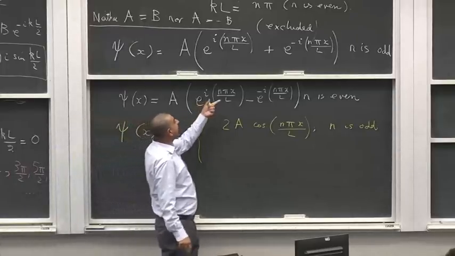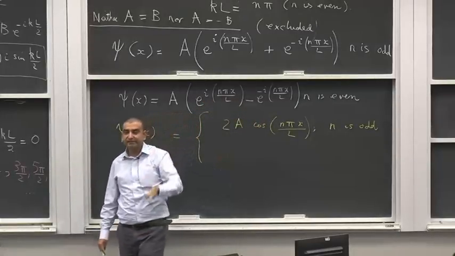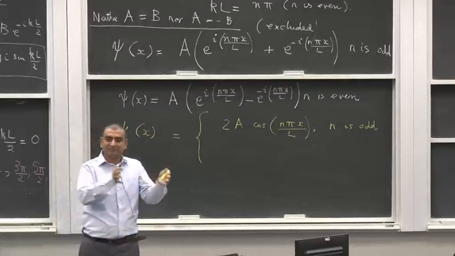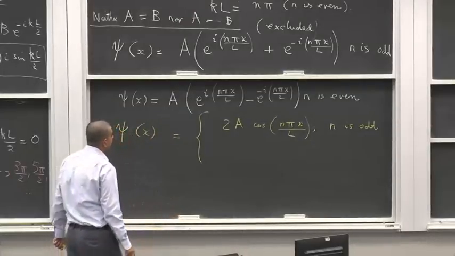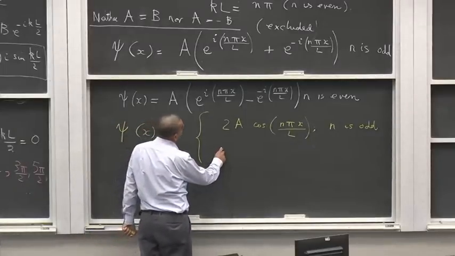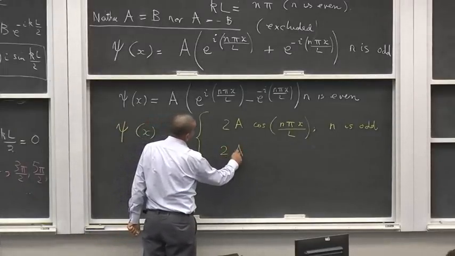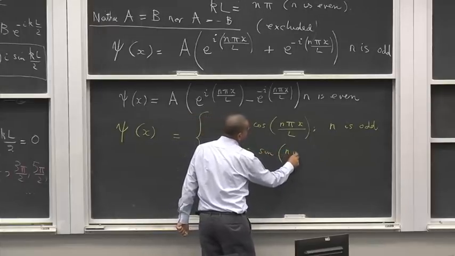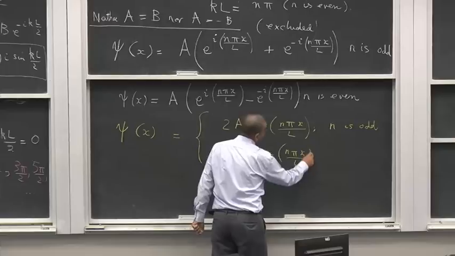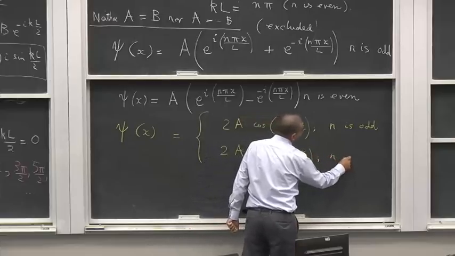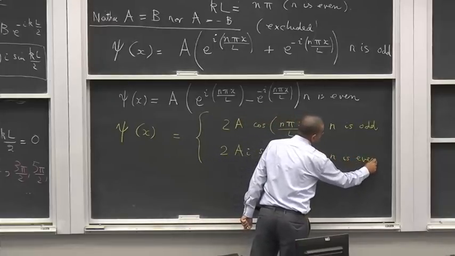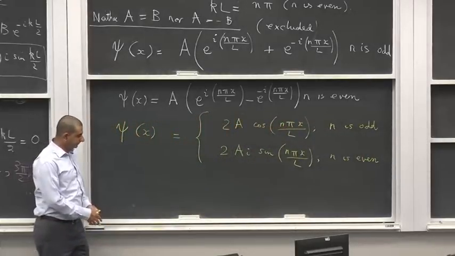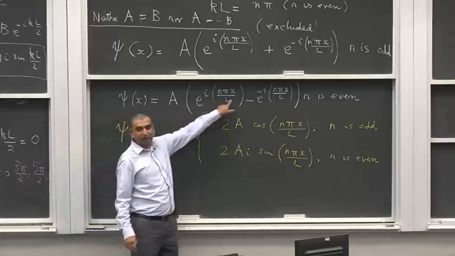And what is e to the i something minus e to the minus i something? It's 2 times iota times sine of something. So I get 2 times A i sine of n pi x over L if n is even. Do you understand up to this point?